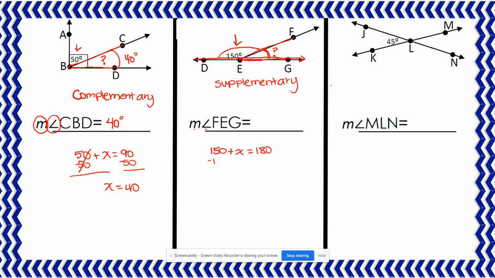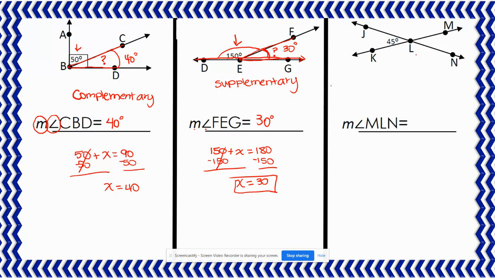Then to find x, I would subtract 150 from both sides. These would cancel and leave me with x. 180 minus 150 is 30. So that means that this missing measure is 30 degrees. Well, that is the measure of angle FEG. So it is 30 degrees.